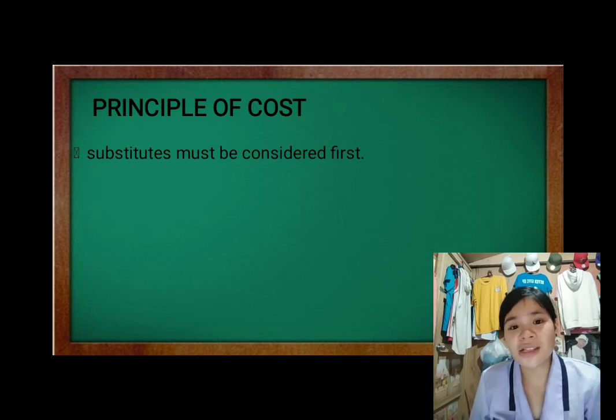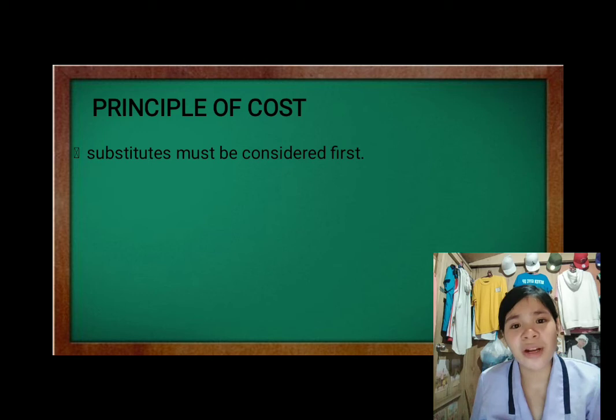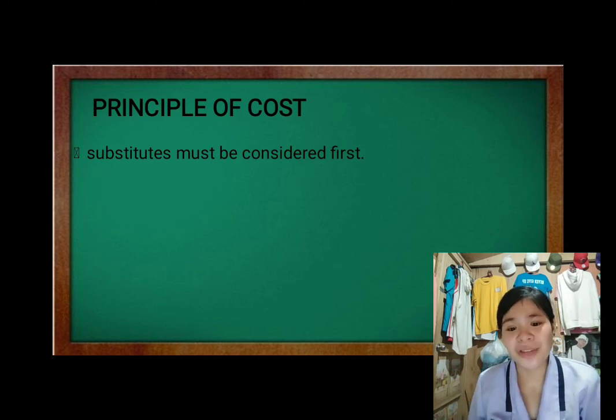Our instructor gave a link and we could not access it. So the instructor gave a substitute so that we could access it easily. I am very thankful to have that kind of instructor who prepared an extra substitute for the students. So that's what the principle of cost means.